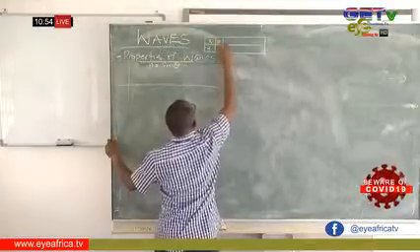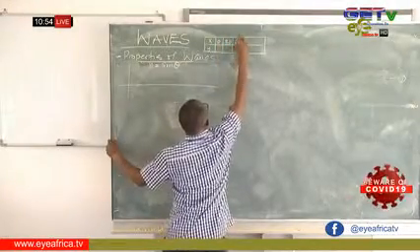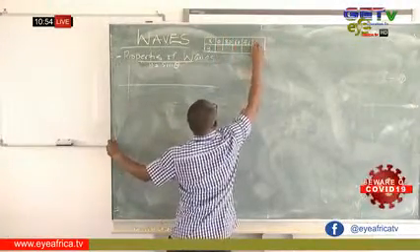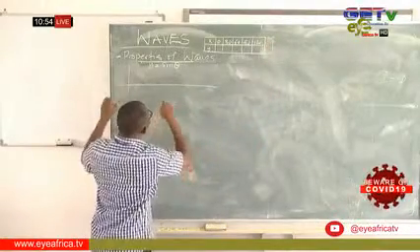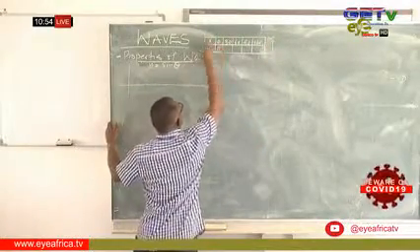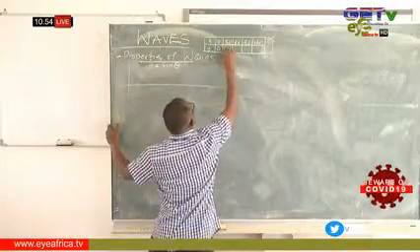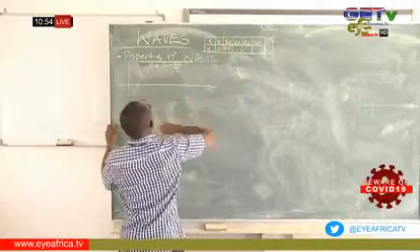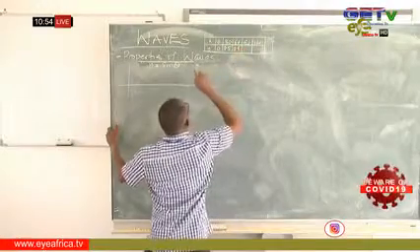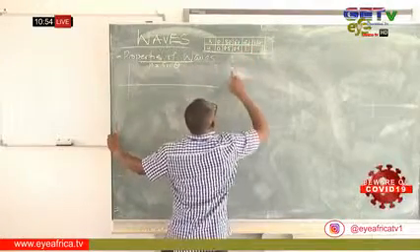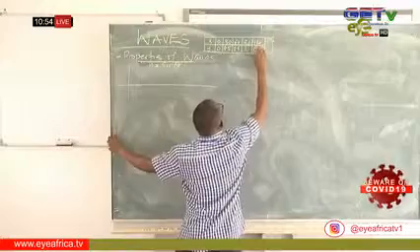I have 0, 30, 60, 90, and so on, 120, 150. Now sine 0 gives you 0. Sine 30 is 0.5. Sine 60 is 0.87, so we call it 0.9. Sine 90 is 1.